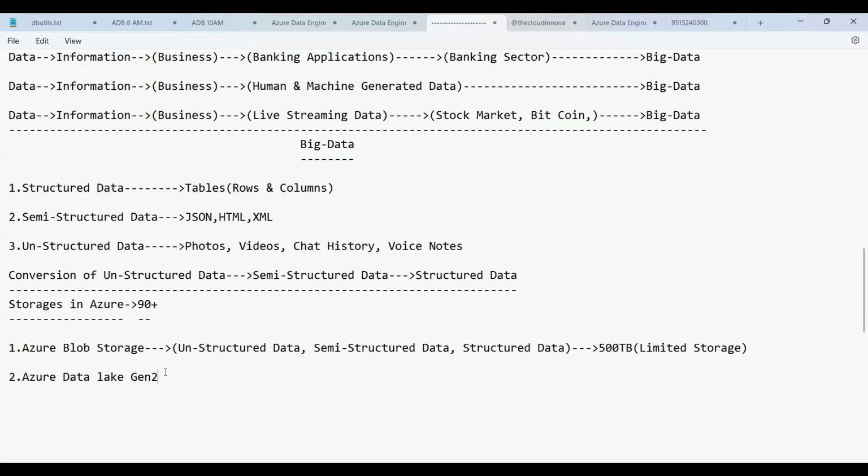Apart from this, the next one is Azure Data Lake Gen 2. Gen 2 also can store any kind of data, from unstructured to semi-structured to structured. But the actual logic here is that this is called unlimited storage.